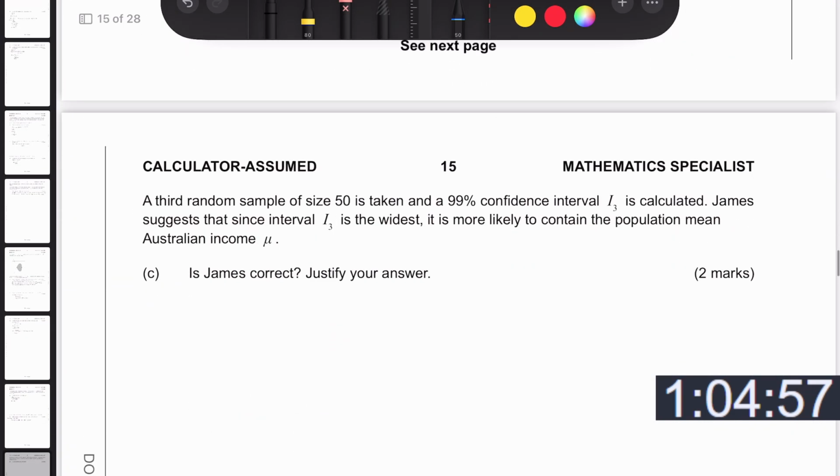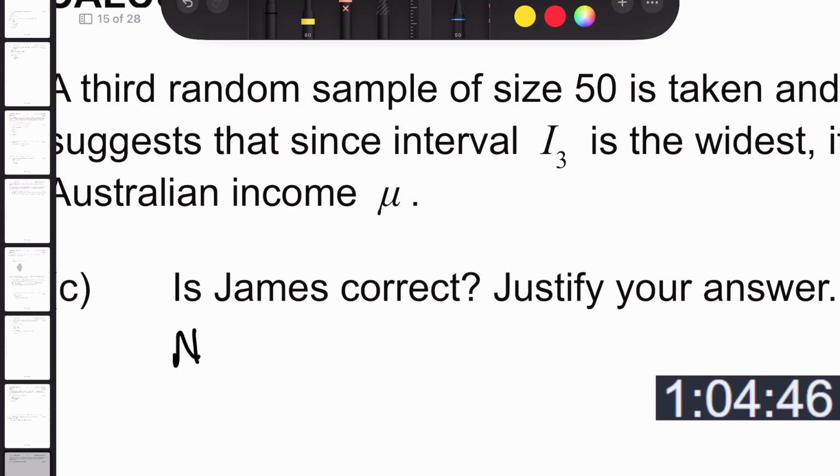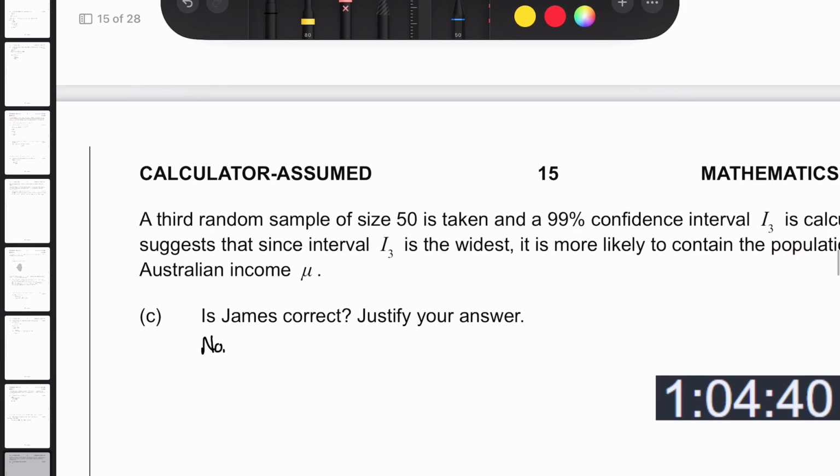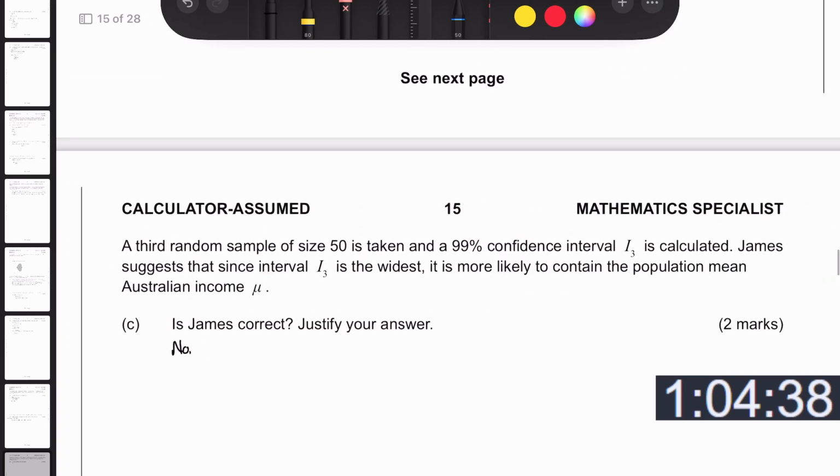Okay, a third sample, size 50, is taken. Now, James claims the confidence interval is wider, so it is more likely to contain the population mean. Is James correct? No. It is not certain. It is more likely to contain the population mean.